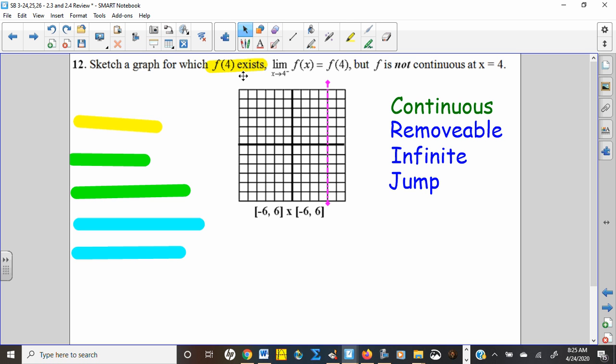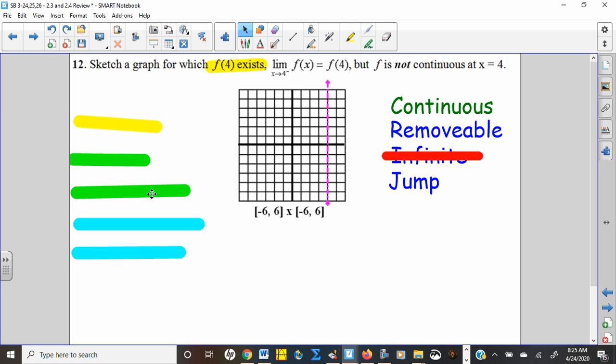So the fact that f of 4 exists tells me it can't be an infinite discontinuity, because infinite discontinuities have vertical asymptotes where the function is totally undefined at that value and just going up and down, but the x can never equal anything there. So that one's out.